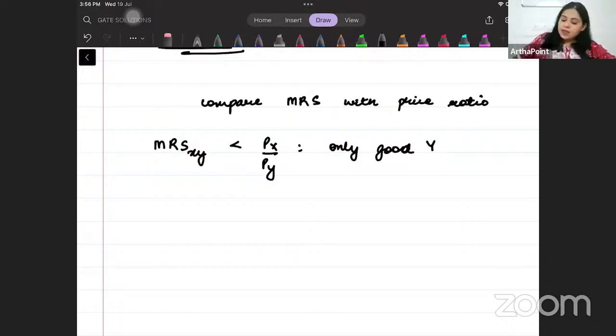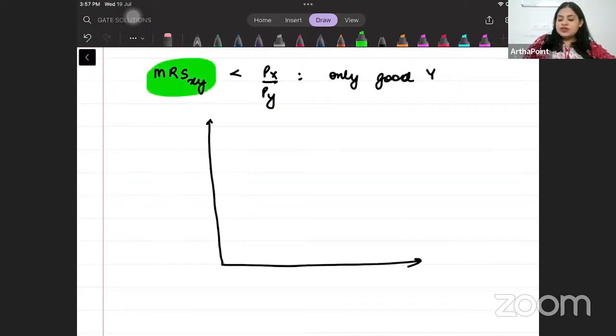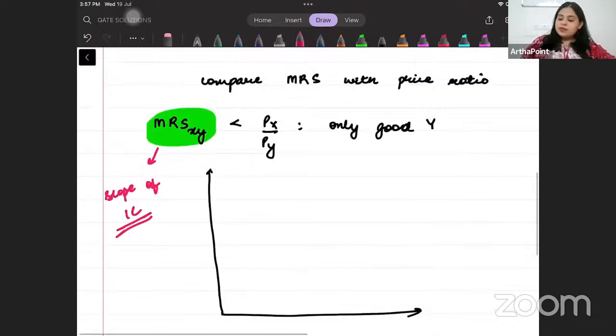ठीक है जी? कैसे होता है ये? देखो बेटा, MRS basically it's the slope of indifference curve. ठीक है? PX by PY, this beta is the slope of budget line.